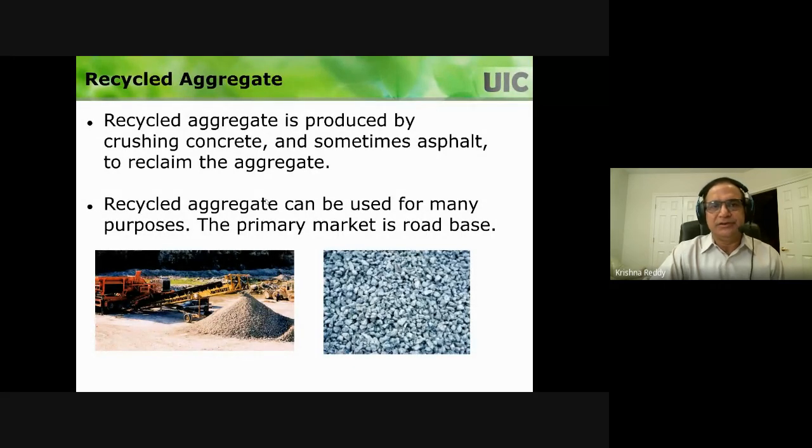There has been a lot of research done on recycled aggregate, and a lot of agencies have standard specifications. So this is not new. There have been applications of this material in real practice.